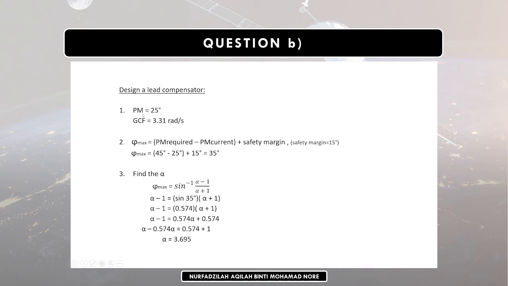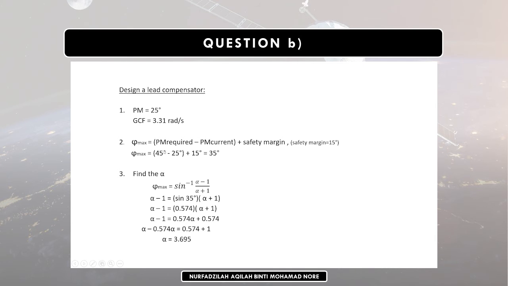Firstly, we need to find the phase margin and the gain crossover frequency, which we get from question A. The value of phase margin is 25, and the value of gain crossover frequency is 3.31 radian per second. Next, we need to find the phi max using this formula.